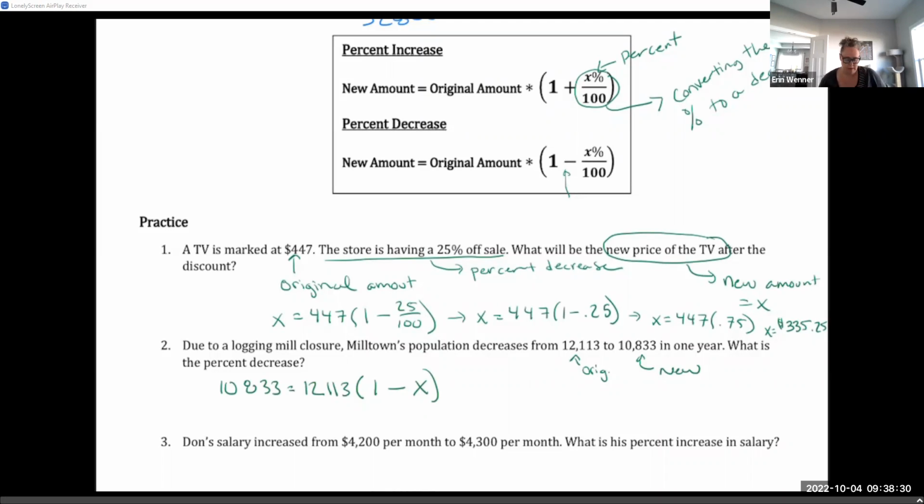Now we have 2 choices here on how to solve this. I could divide both sides by 12,113. If I do that though, I am going to get a non-terminating decimal, which is going to make our work really hard in terms of trying to subtract and all of that. So the easier way to deal with this is to distribute this 12,113 to both terms here.